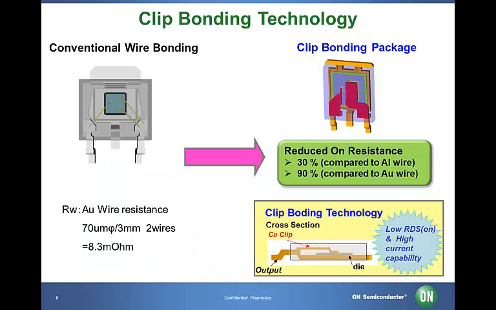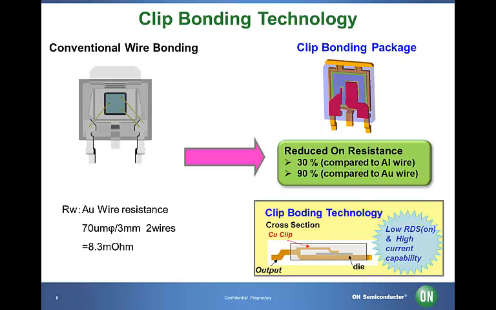We have also adopted clip bonding technology in order to minimize thermal resistance RTH, to minimize on resistance RDS(on), and to increase current capability ID max. Formerly, we used wire bonding technology using gold, copper, or aluminum wires in order to connect each electrode on the silicon chip in the package.